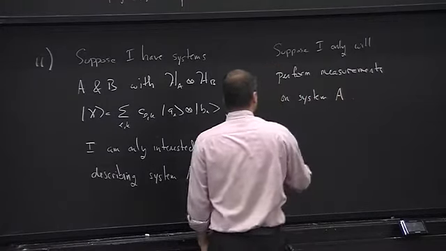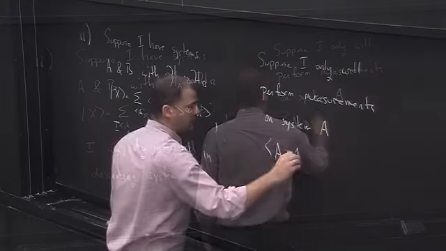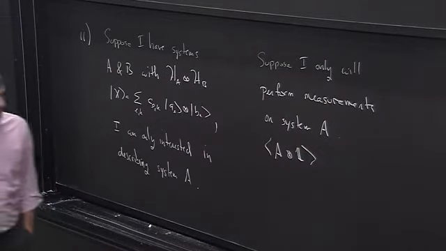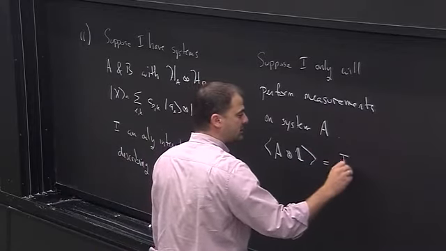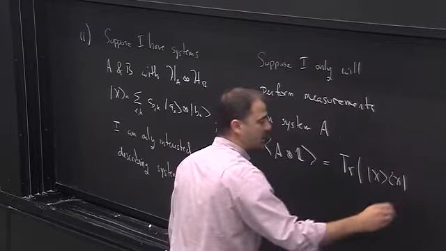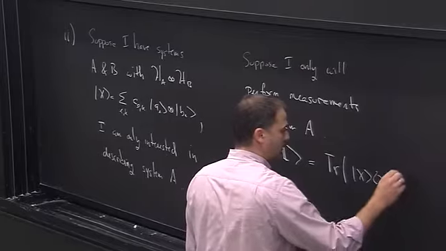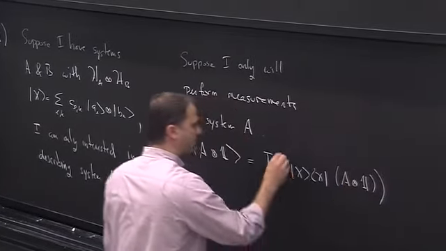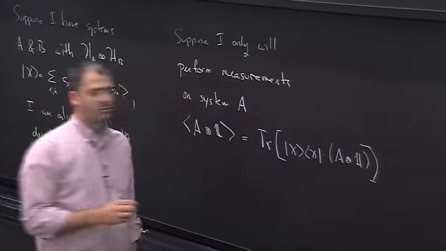Okay, so that means my measurements are of the form A tensor identity, whose expectation is equal to the trace of chi times A tensor identity. Okay, so this is just matrix multiplication here.